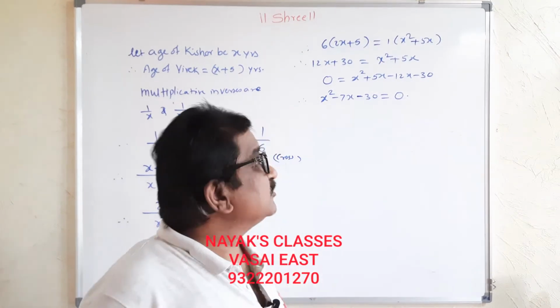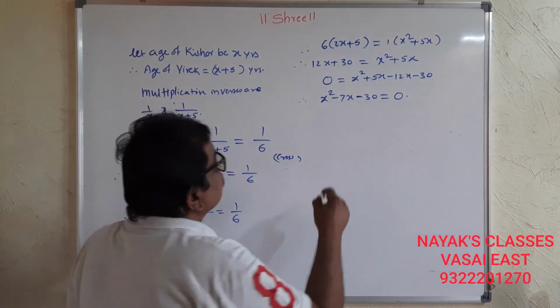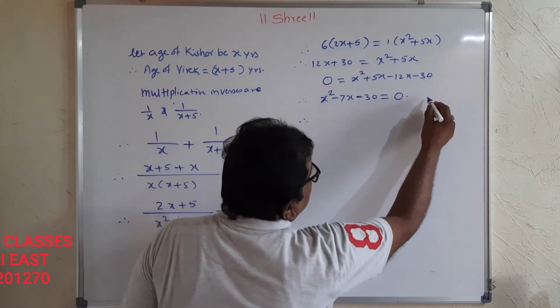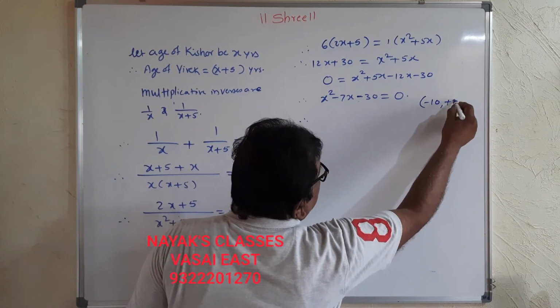So therefore, we got minus 10 and plus 3.